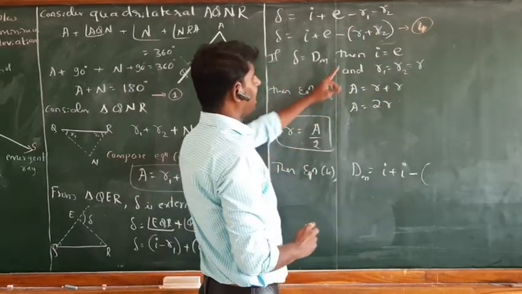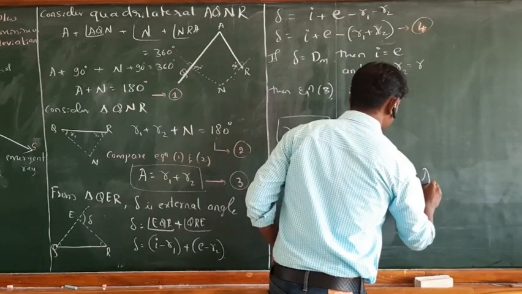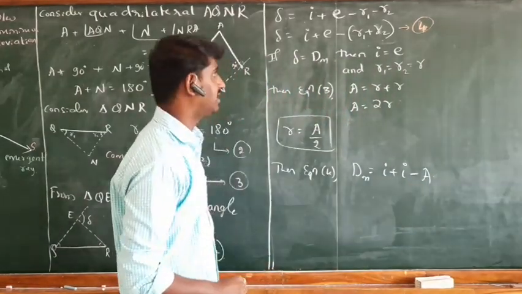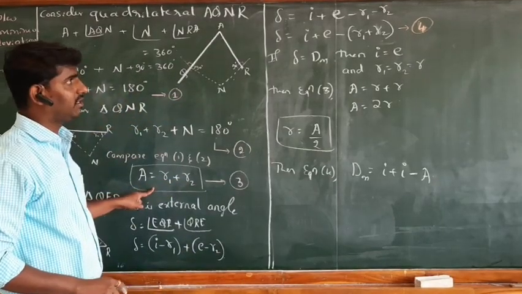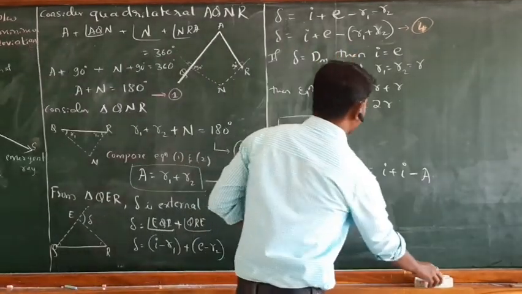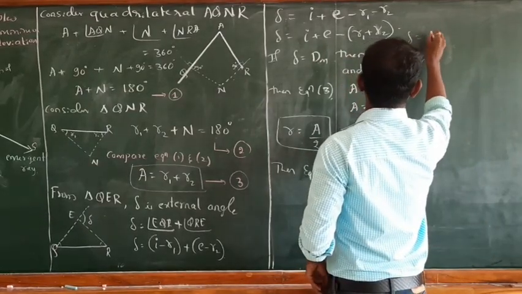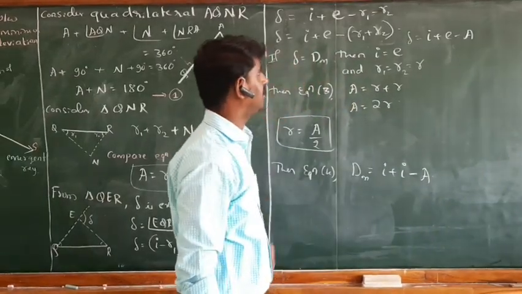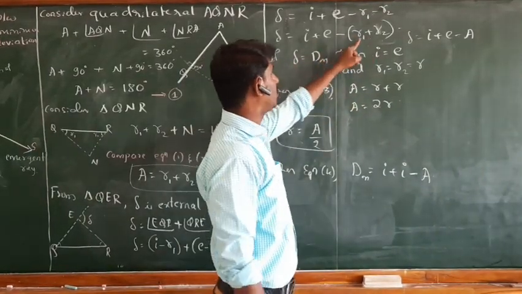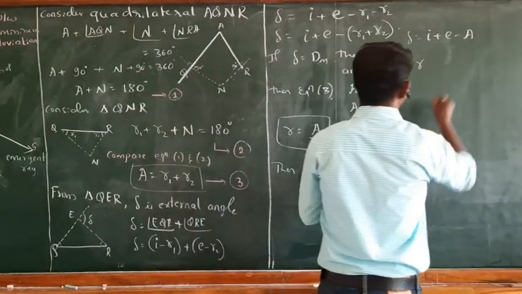Instead of writing R1 plus R2, I will write A, because I know from equation 3. So delta is equal to I plus E minus A. I wrote this directly because R1 plus R2 is A, as we know from equation 3.